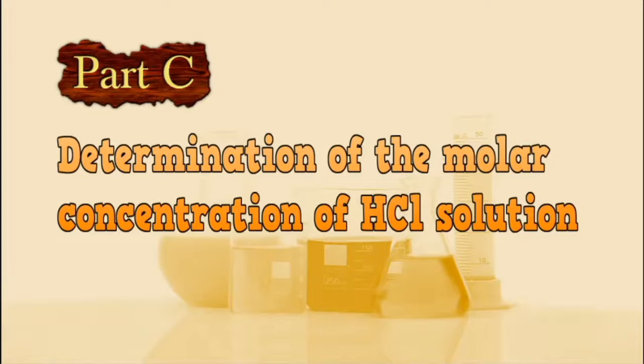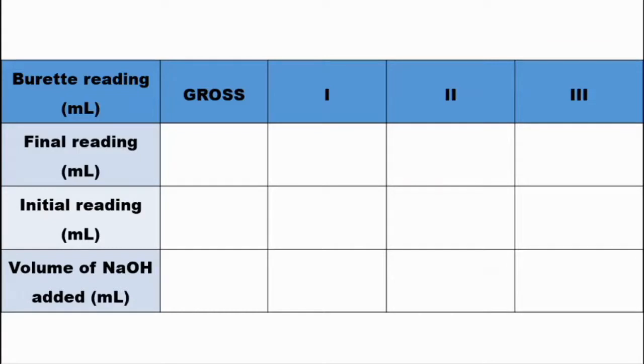In part B, we were using oxalic acid, but in part C we were using a different acid, hydrochloric acid solution, and everything else was the same. The procedures and the titration are still the same. Even the table we are using for part C is the same table.